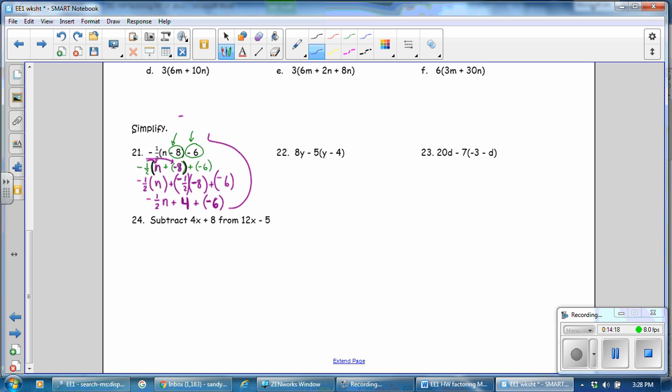And I have negative 1/2 n. And I can combine my like terms. Positive 4 plus negative 6 is negative 2. And I can rewrite this adding a negative as simple subtraction. So my final answer is negative 1/2 n plus a negative 2, which is the same as subtracting 2. So these are equivalent expressions, and this one is considered in simplest form.